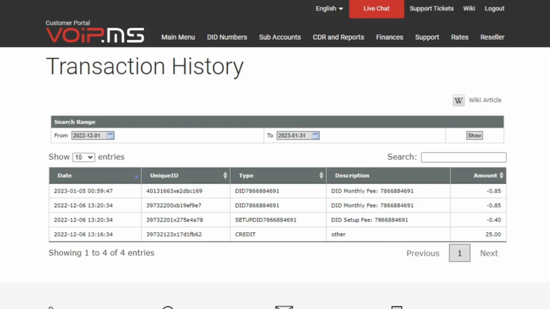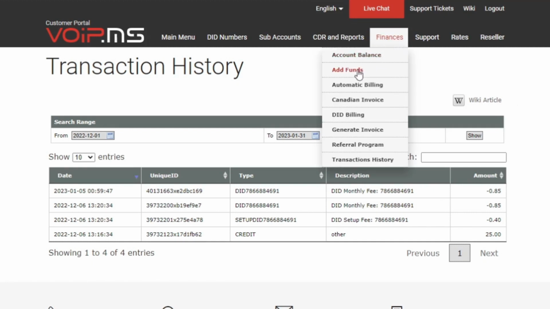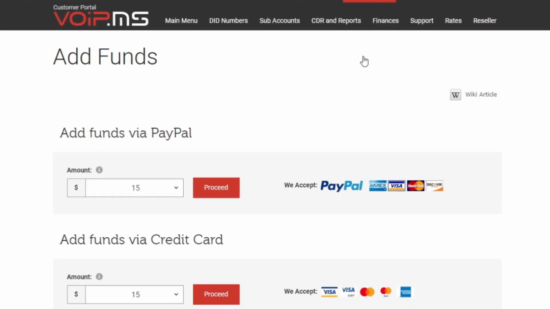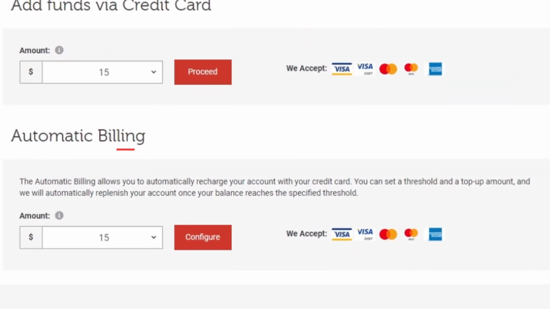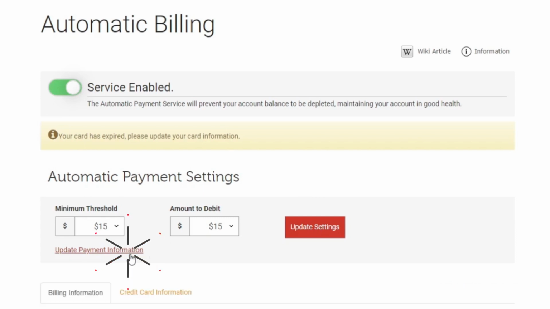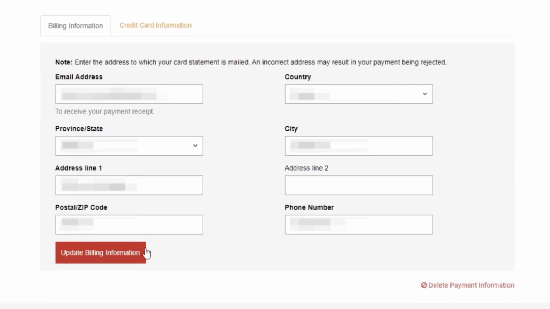Now, let's talk about adding funds to your account. You can add credits manually via PayPal or credit card. If you never want to run out of credits, you can set up automatic billing with your credit card. To set up automatic billing, all you need is to complete your billing information and add your credit card data.